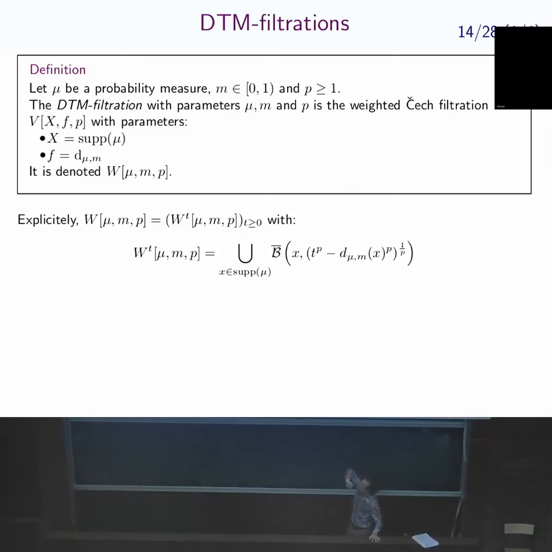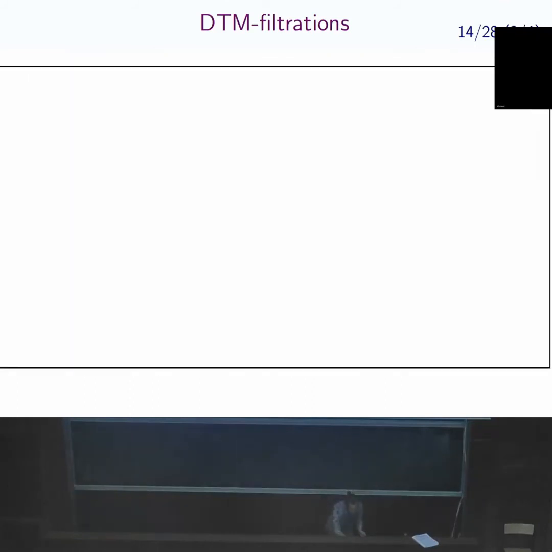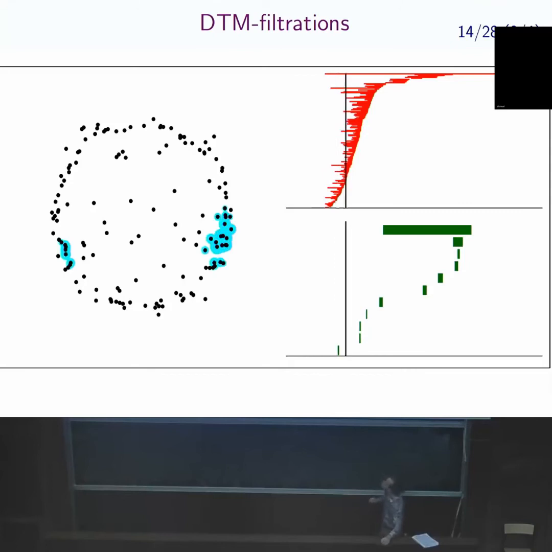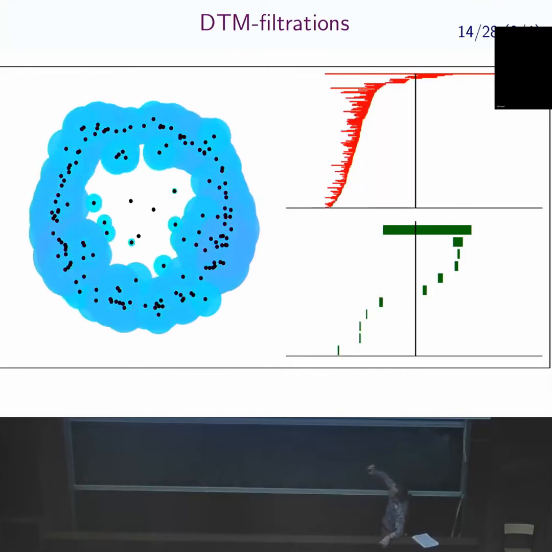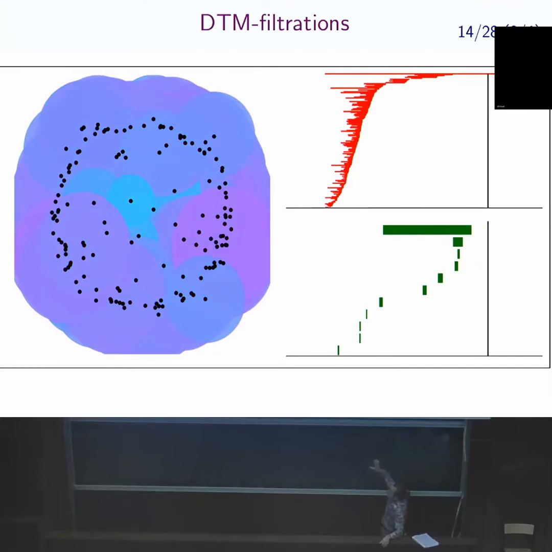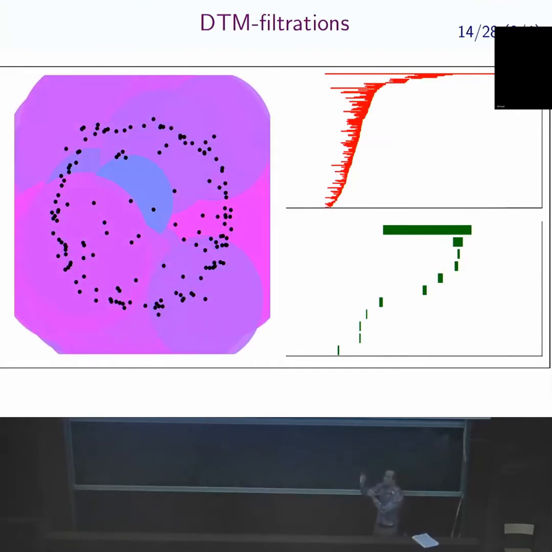I denote it W_mu,p. Explicitly, it is a collection of W_t's that are unions of balls, and it looks like that. As you can see, balls grow at the beginning close to the circle, where the DTM is low, and then they appear on anomalous points. We have a very nice barcode next to it, where we see two large bars, a red one and a green one. That is, we see a circle around it.